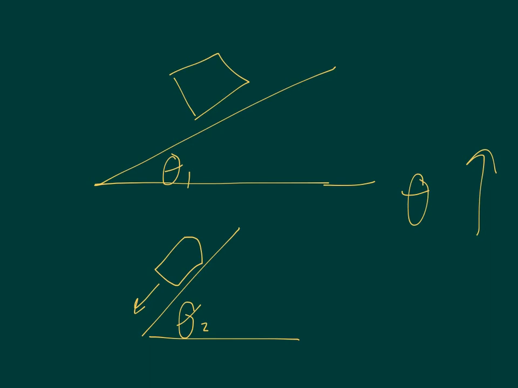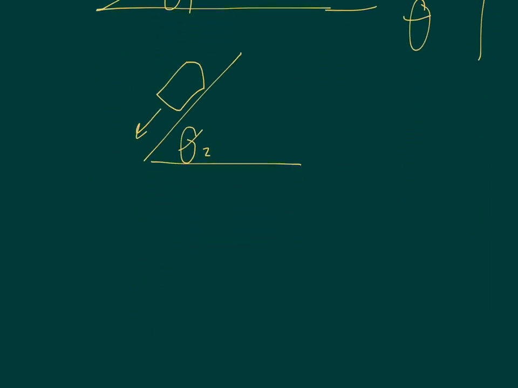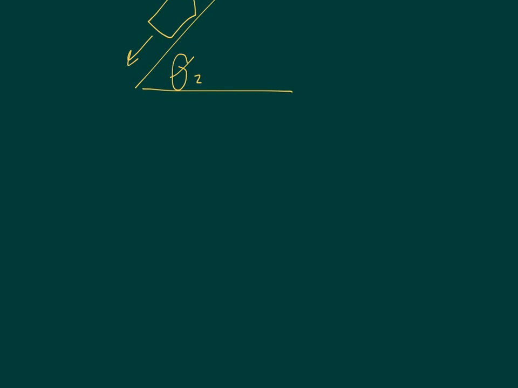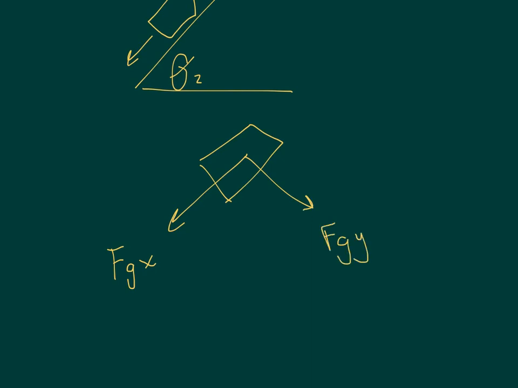If I think about this physically, and I went over this with the other class, it's really important to get this piece. On an inclined plane, and this is difficult, you have to recall your notes. Remember, this was FGX, and this was FGY. This was normal force, and this was friction.